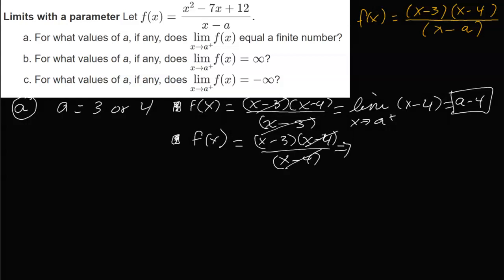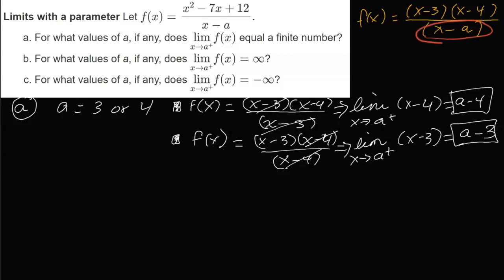So then what you will have is the limit as x goes to a from the right of x minus 3, and that is going to equal a minus 3, and that is a finite number. So that is our thought process for part A. We wanted to get rid of that small number on the denominator.